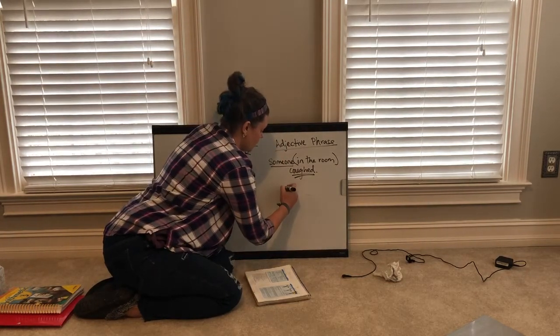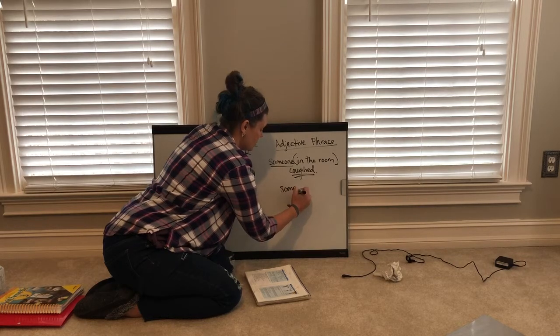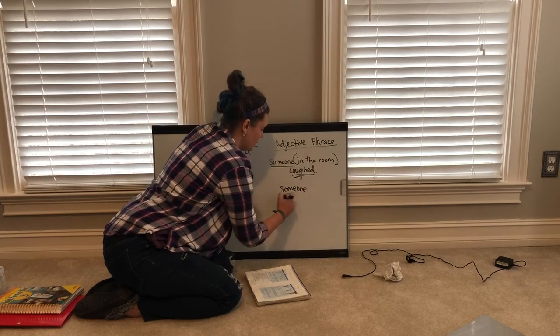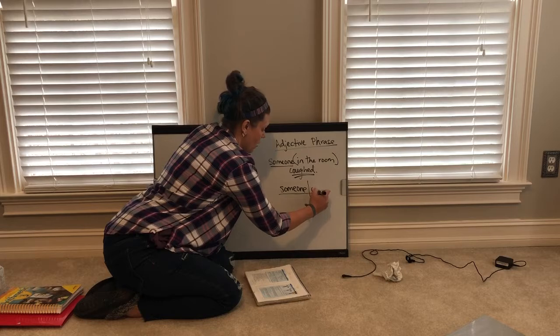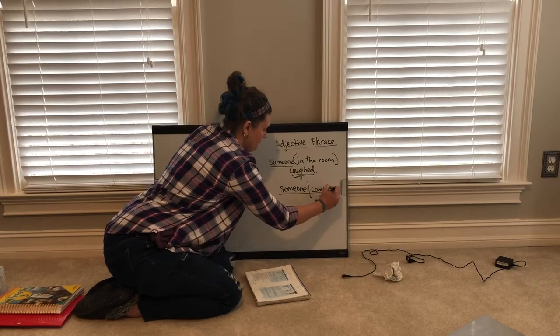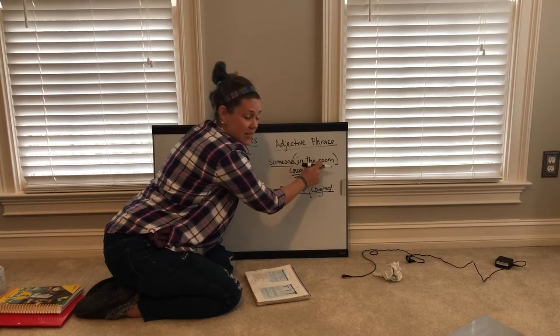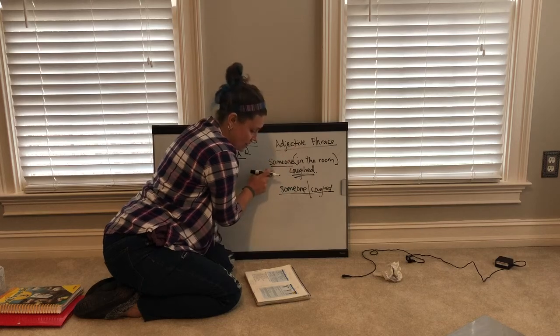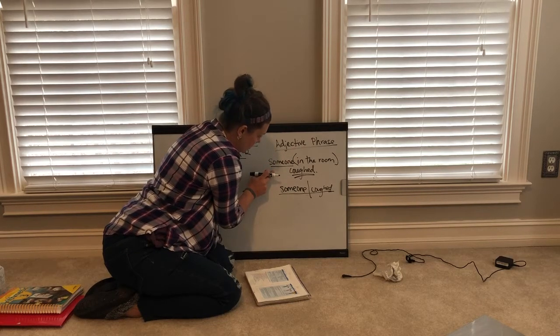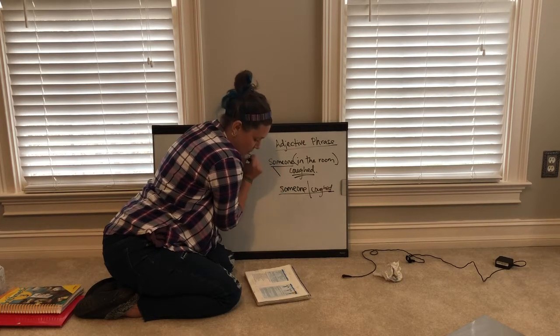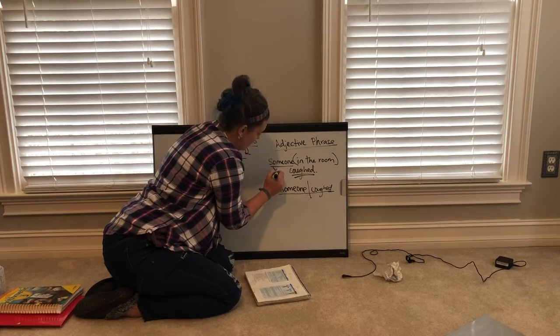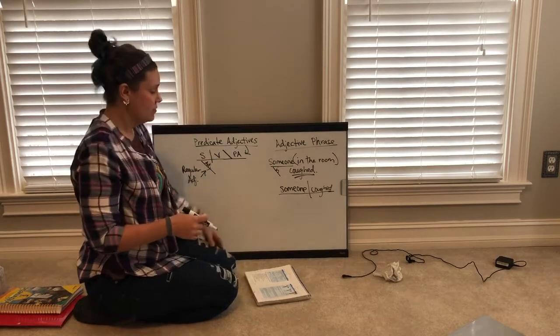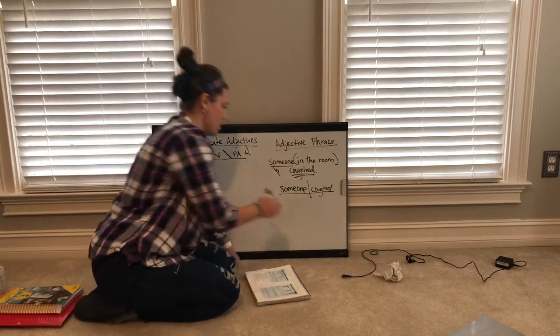So I'm going to write my diagram like this. Someone coughed. And then since this is an adjective phrase describing someone, it's going to look like this. You're going to put the preposition on a line looking like an adjective to show that it's describing someone, okay?